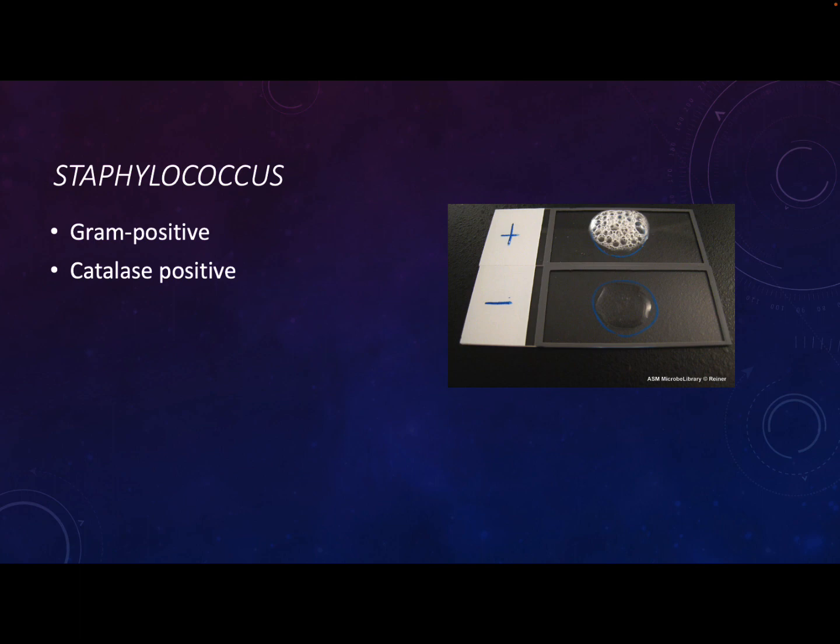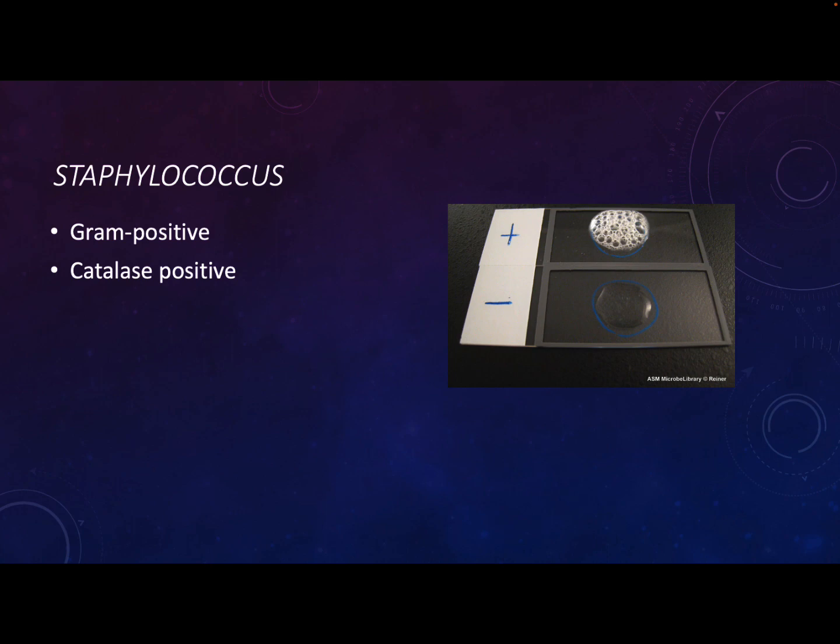So the purpose of having catalase for a pathogenic organism is that it allows them to deal with various reactive oxygen species or toxic oxygen species like hydrogen peroxide. That can be really important for human pathogens because one of the mechanisms that our immune system uses to help destroy invading microbes is by dumping things like hydrogen peroxide on them.